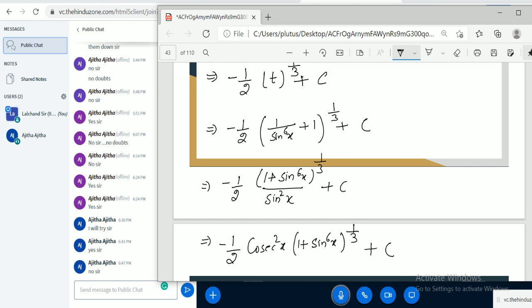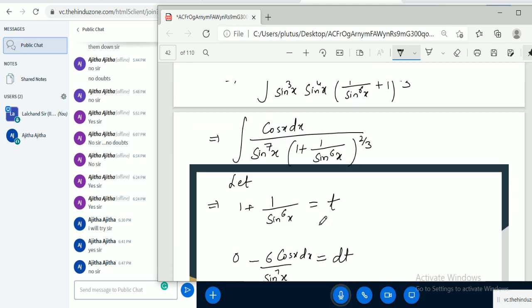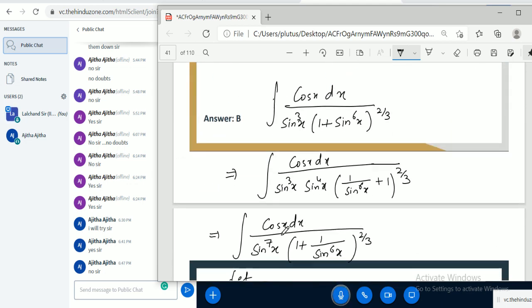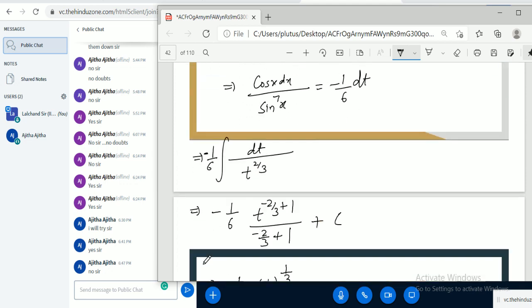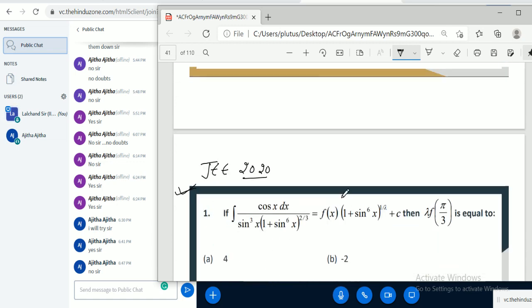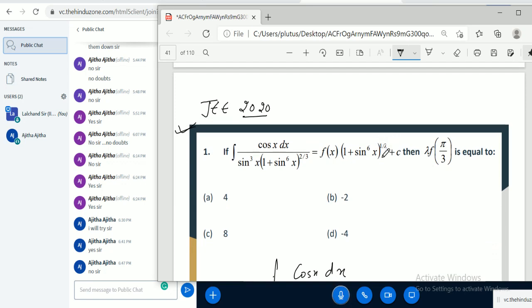Now if we compare with the answer, what is the answer? Here f(x) into (1 plus sin to the power 6x) whole power 1 by lambda. So what is the value of function f(x)? So f(x) will be minus 1 by 2 cosec square x, this value. Okay. And what is the value of lambda? Lambda value will be 3.